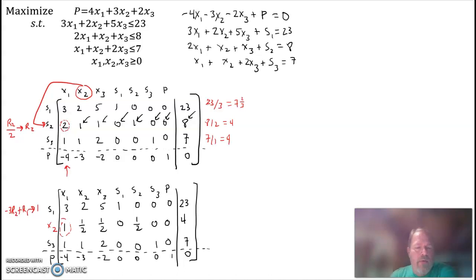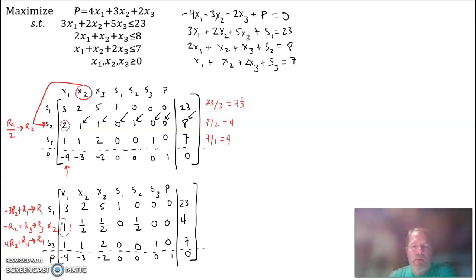I'm going to take row 2, multiply by a negative 1, and add it to row 3 to replace row 3. I'm going to take row 2, multiply by a +4, add it to row 4 to replace row 4.